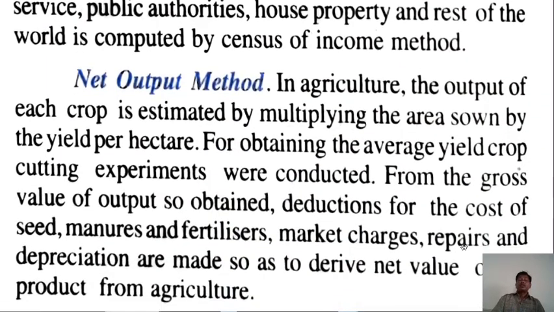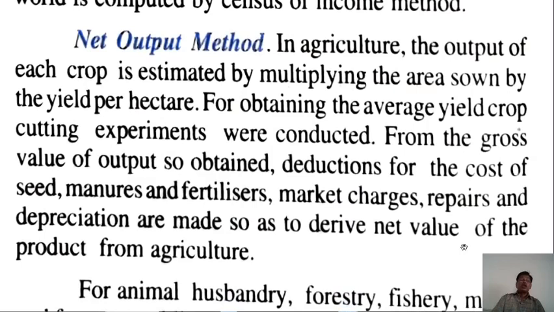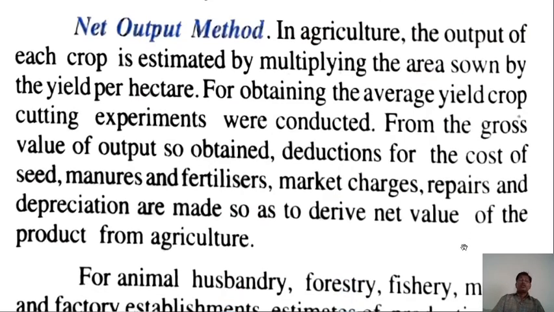In agriculture, the output of a crop is estimated by multiplying the area sown by the yield per hectare. For obtaining the average yield, crop cutting experiments were conducted.